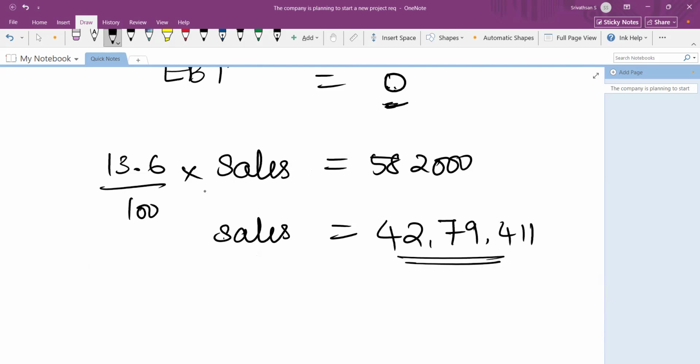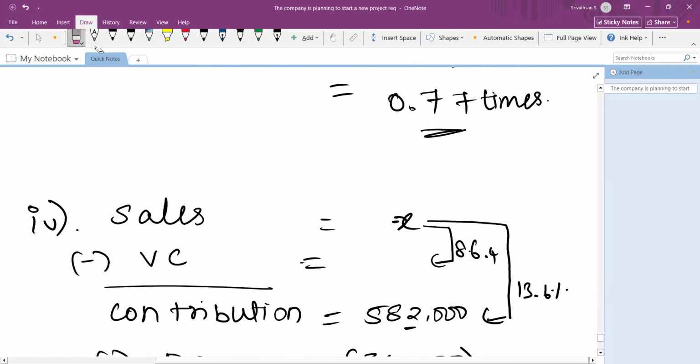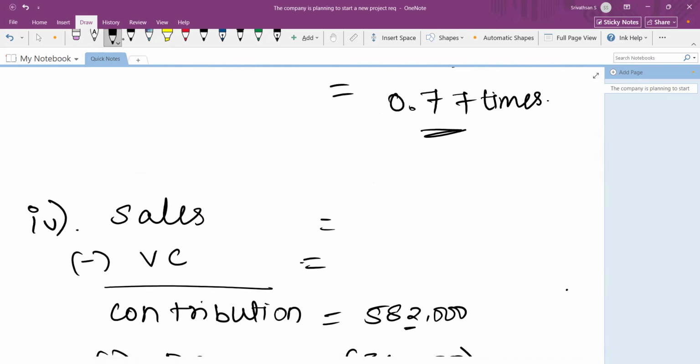So this is the amount of sales, 42 lakh 79,411. From this, let's subtract the variable cost.